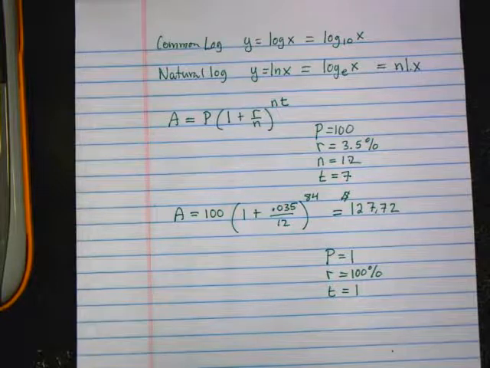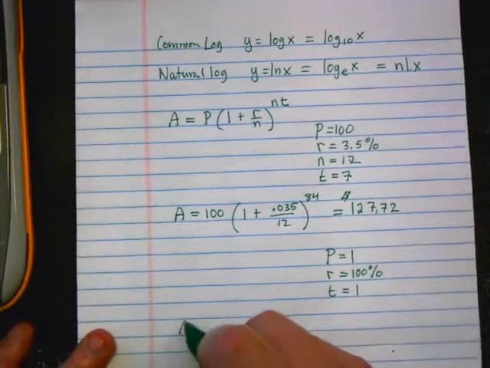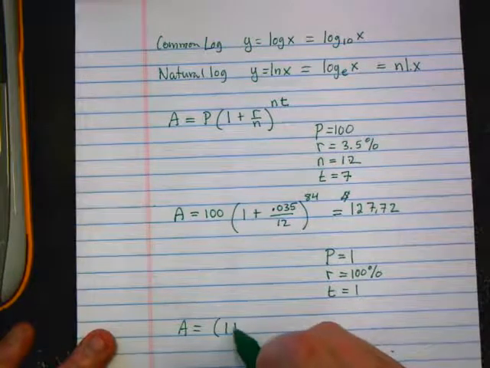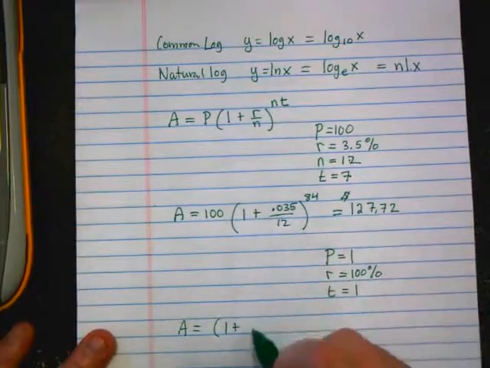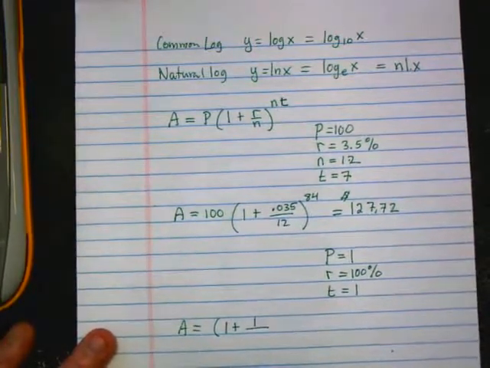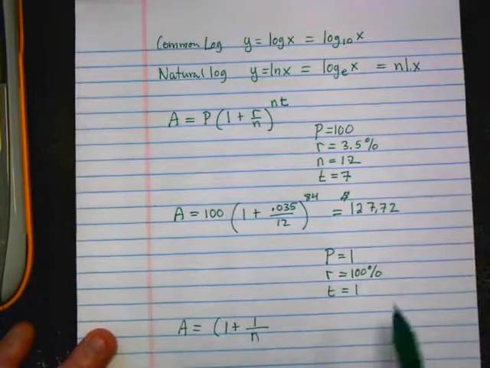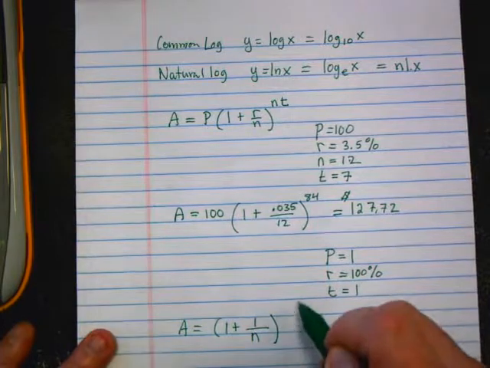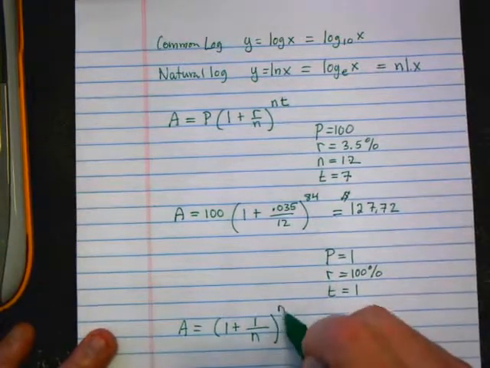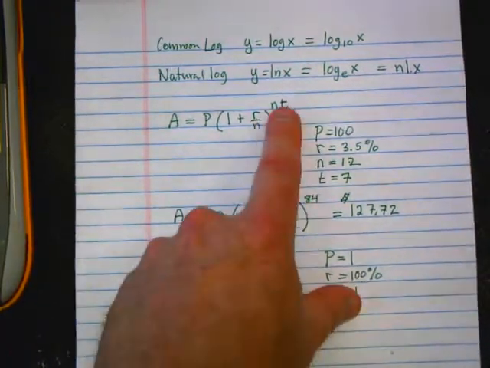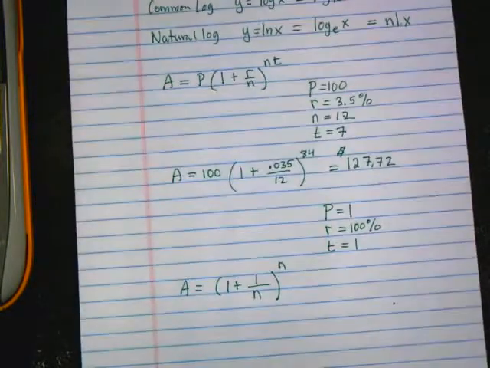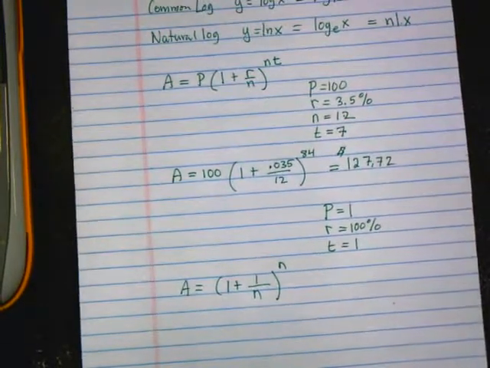So if we do that, the formula becomes A equals P, which is 1, times 1 plus my rate, 1, divided by N, raised to the N, because N times T would be 1 times N. All right, so now, how many times per year do you want the bank to pay you money?